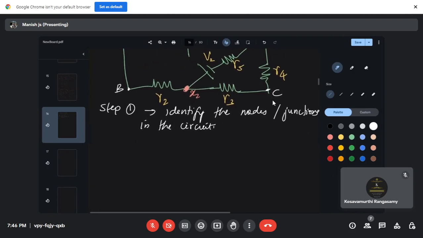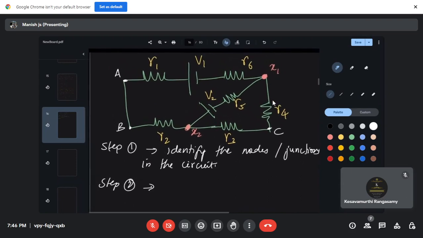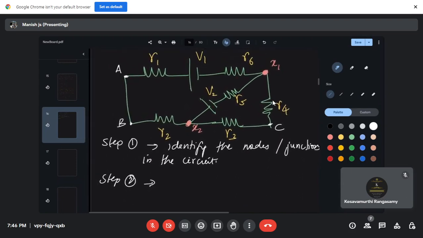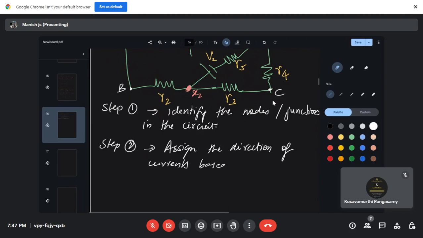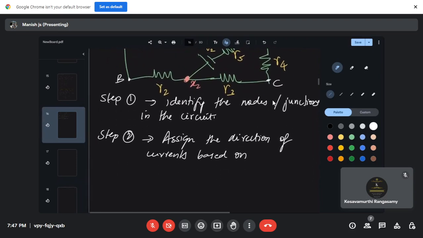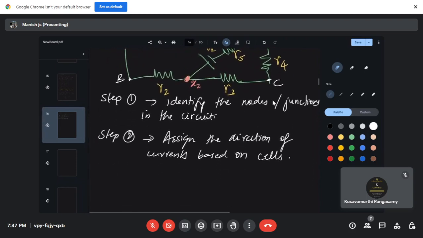Now moving on to the second step. In step 2, you are going to assign the direction of currents based on the cells or batteries given in the circuit.